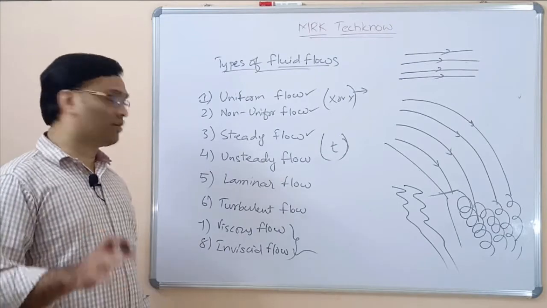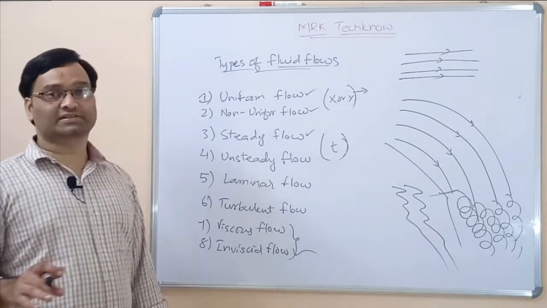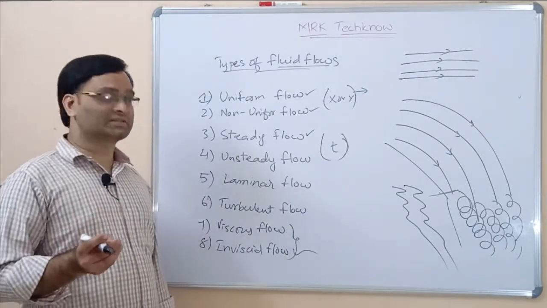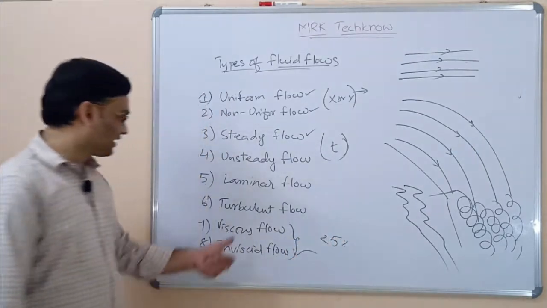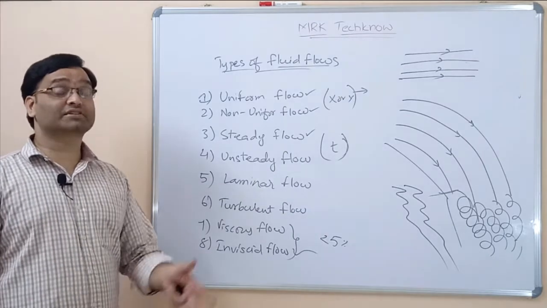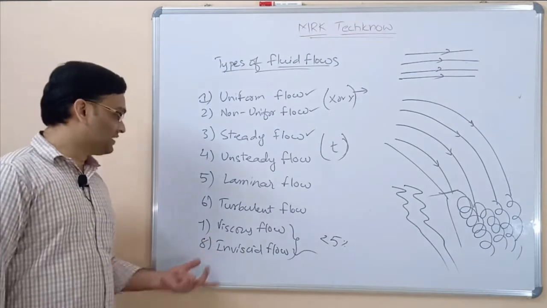But in real life, all fluids are viscous fluids. In every flow we have some viscous nature, we cannot neglect the viscosity, but for some assumptions which fall under the category of less than 5%, you can neglect the viscosity and go straight for inviscid flow, which reduces your computation time to get the result very easily.